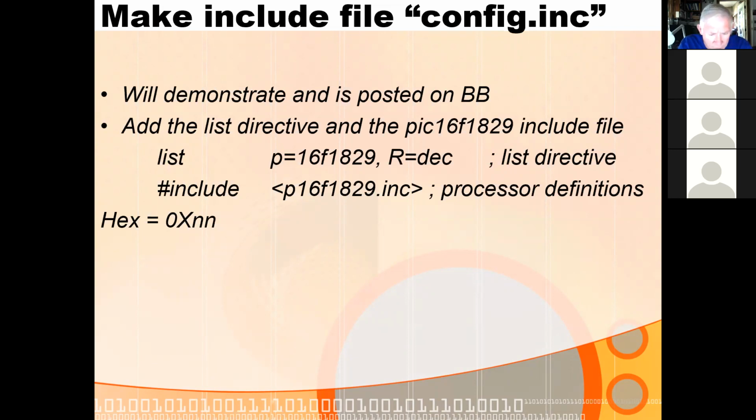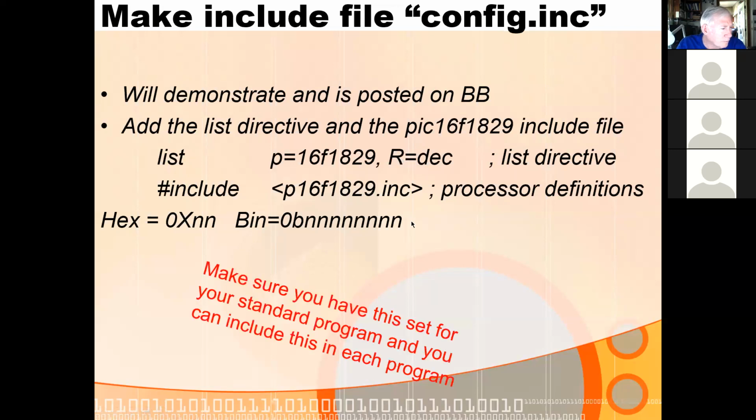And if you want to do a binary, then we write 0 lowercase b, and then usually 8 digits. Usually you put all 8 digits in. All right. But if you just want to write a decimal number, then you can just write it.